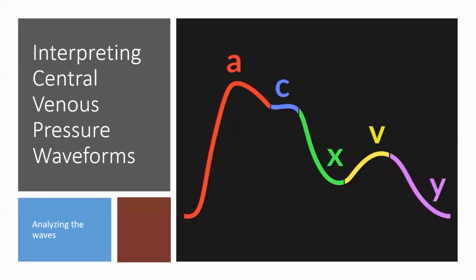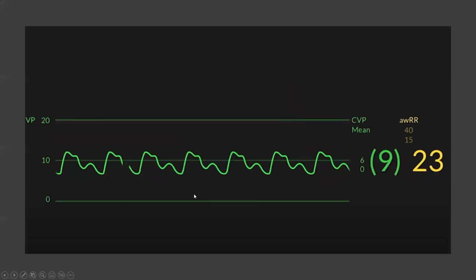So when we're looking at the CVP, such as what is illustrated right over here, there are several waveforms that are going to be reflected in the monitor. And that's exactly what we're going to learn about here, okay?